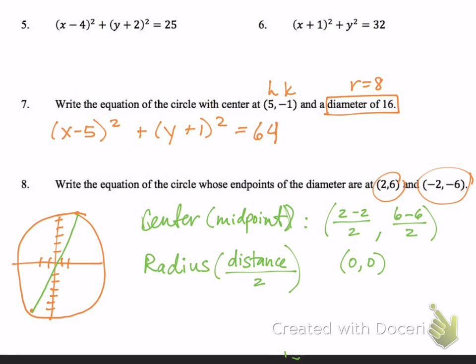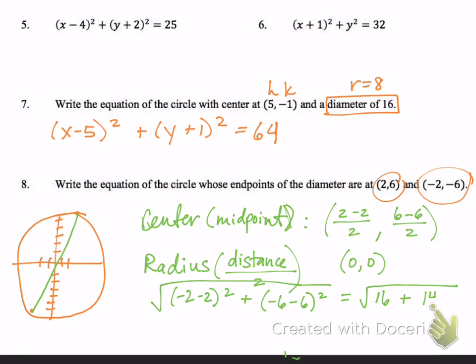So to find my distance, I take the difference in the x's, so negative 2 minus 2 squared, plus the difference in the y's, so negative 6 minus 6 squared. And you end up getting, so negative 2 minus 2 is 4 squared. 4 squared is 16. And negative 12 squared is 144.